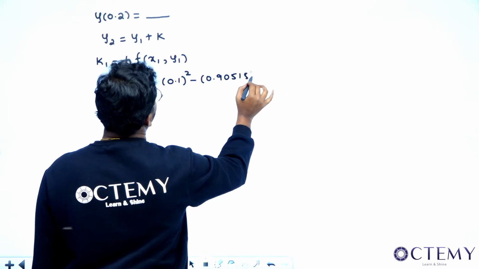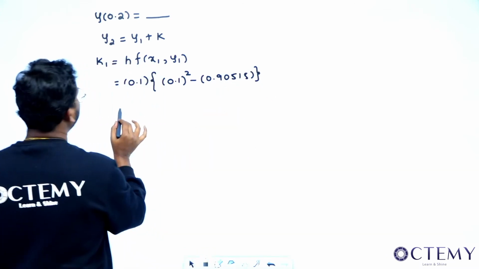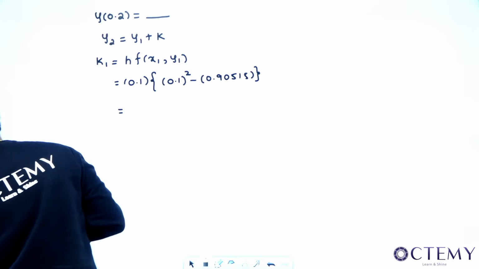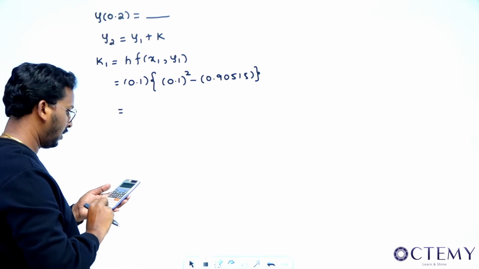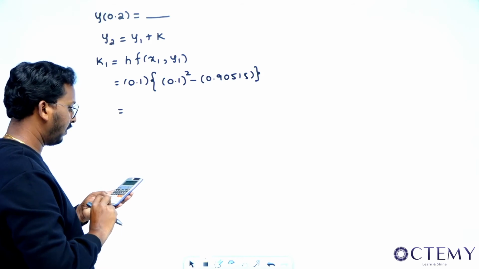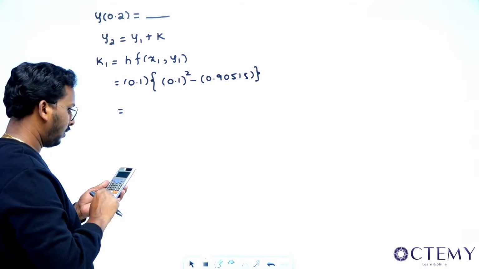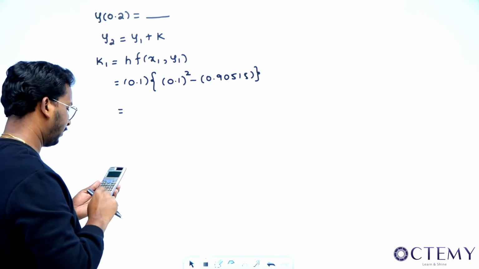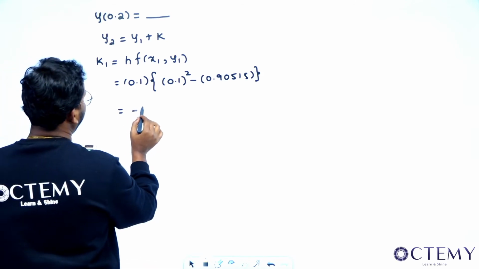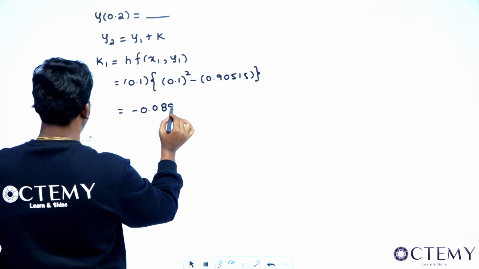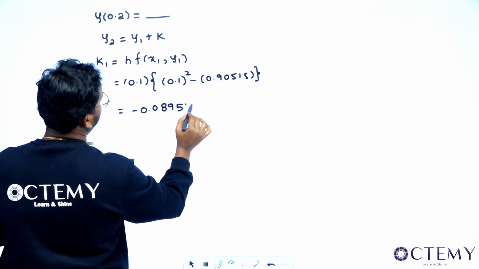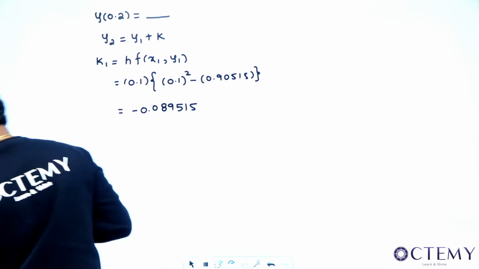So this will become 0.1 square minus 0.90515 into 0.1, which will become minus 0.089515. All right, this is my K1.